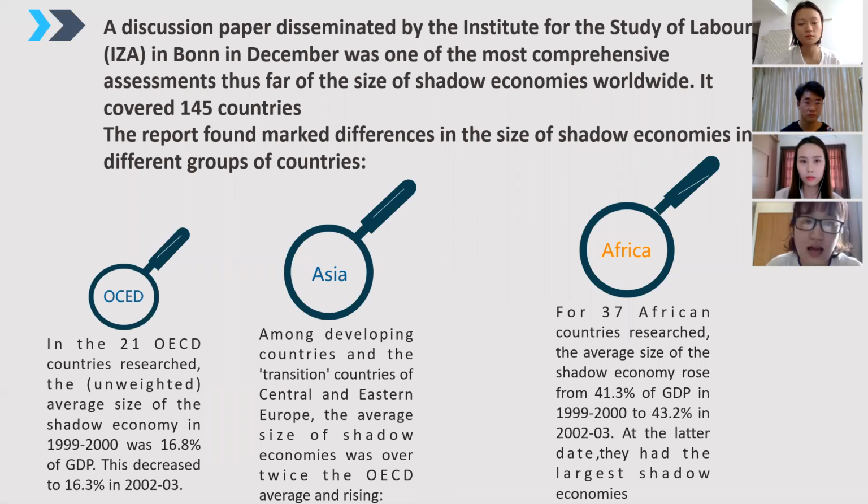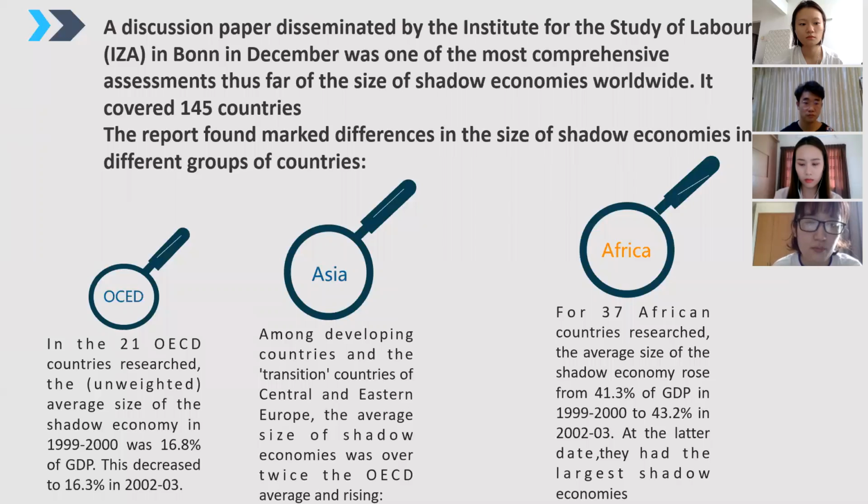A discussion paper disseminated by the Institute for the Study of Labor in Bonn in December was one of the most comprehensive assessments thus far of the size of the shadow economy worldwide. It covered 145 countries.